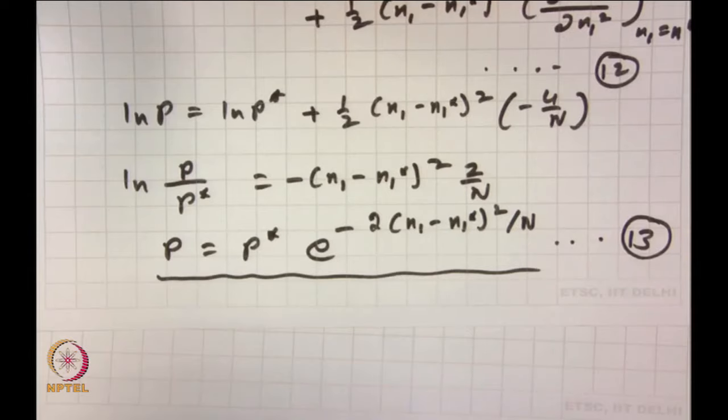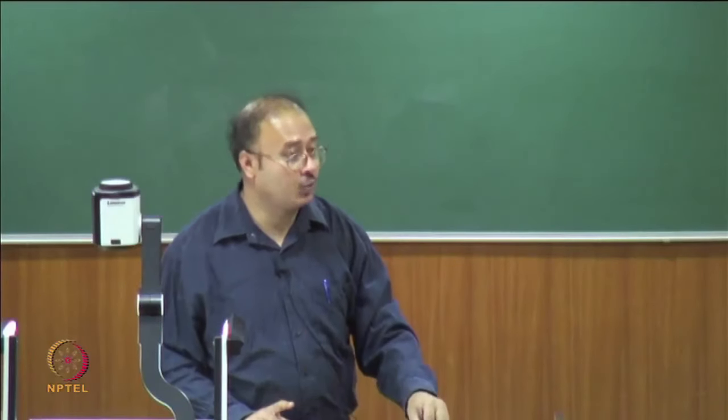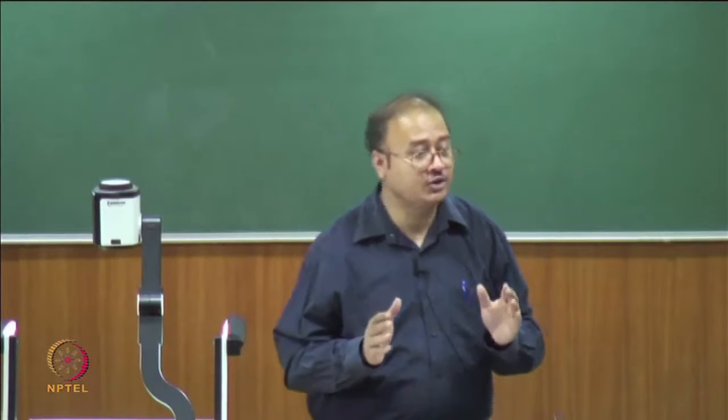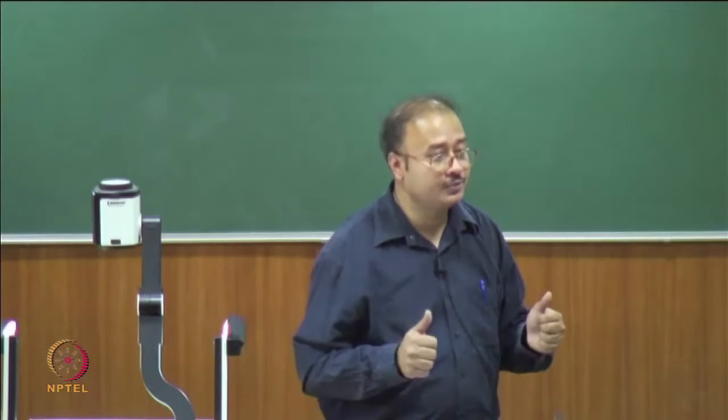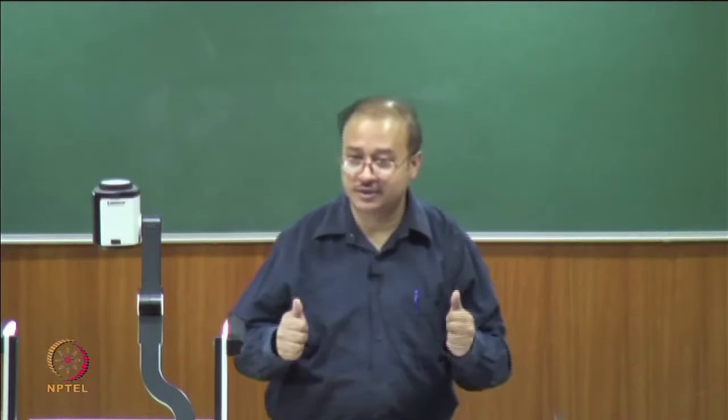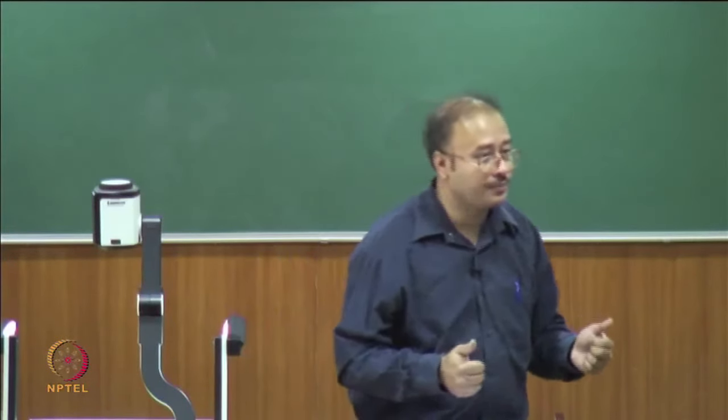Right. Now, see, we started with what? We started with the goal of trying to develop a probability distribution in terms of the distance that I am moving when I am making a random walk.